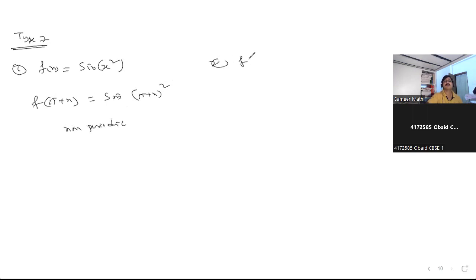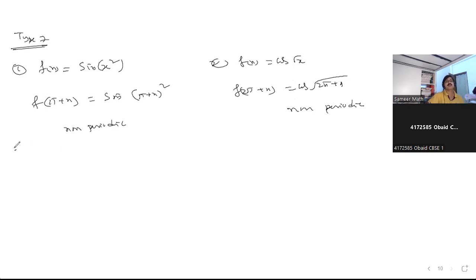Second example, suppose I take f of x is equal to cos root x. Is it periodic? You cannot do it. If you take 2 pi plus x, whatever you want, you can't write this free from the root. So that's what you have to say here: non-periodic.